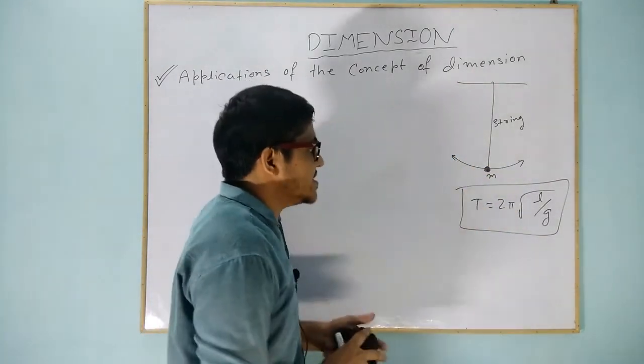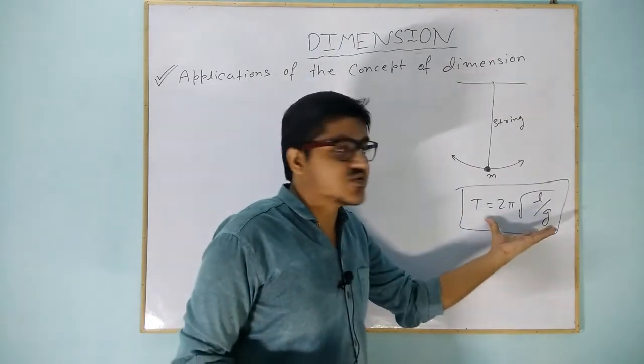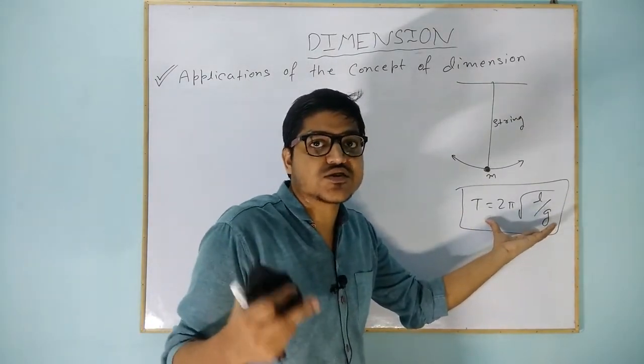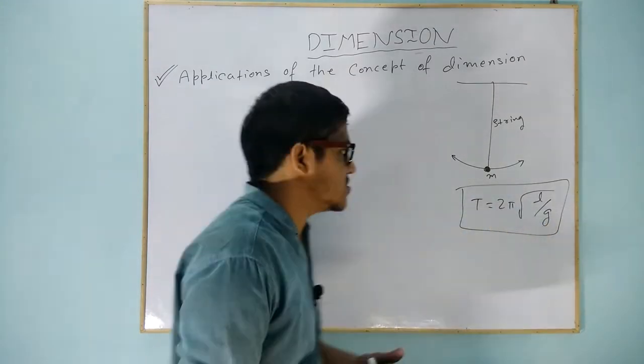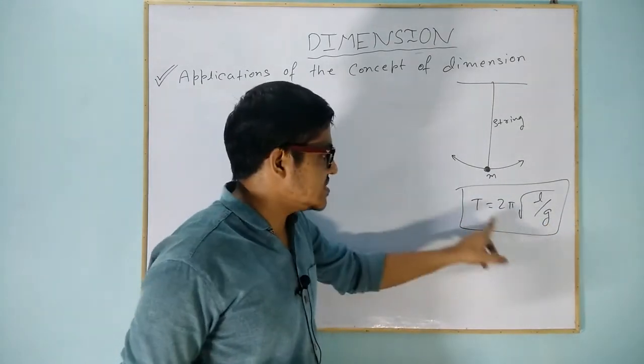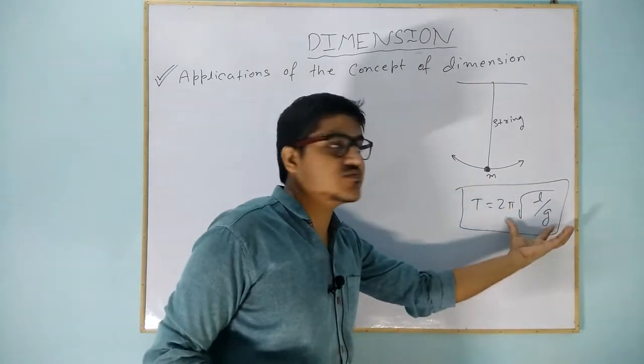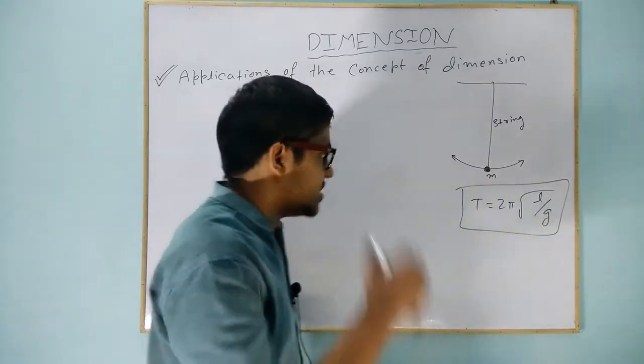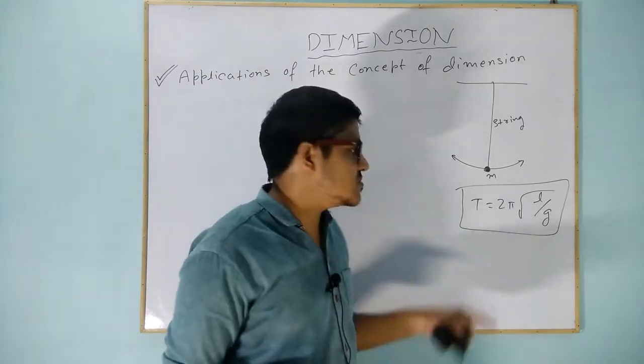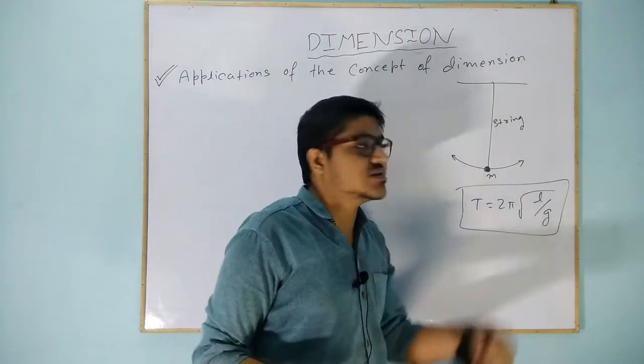So we can reach very close to this equation using the tool of dimensional analysis. This is a product type equation. T is depending on only one term, nothing is being added to this term. In a product type equation, there are only 2 terms. Here T is the first term, this is the second term.